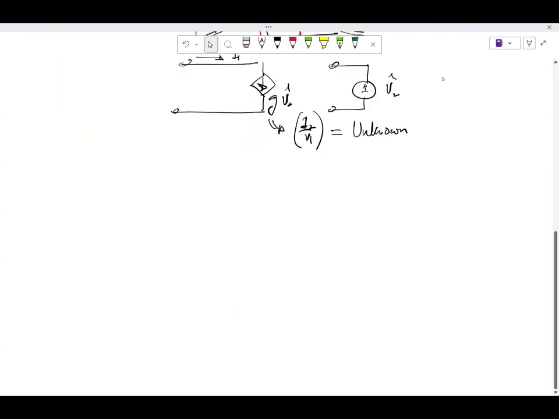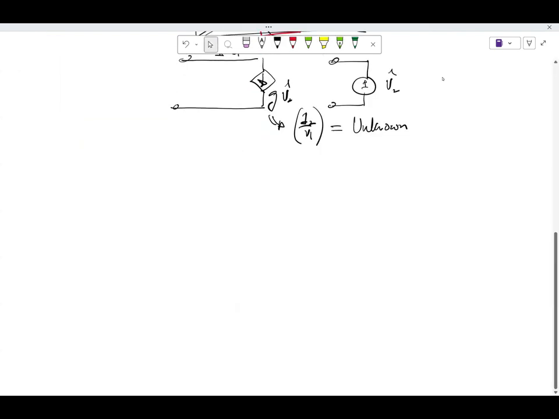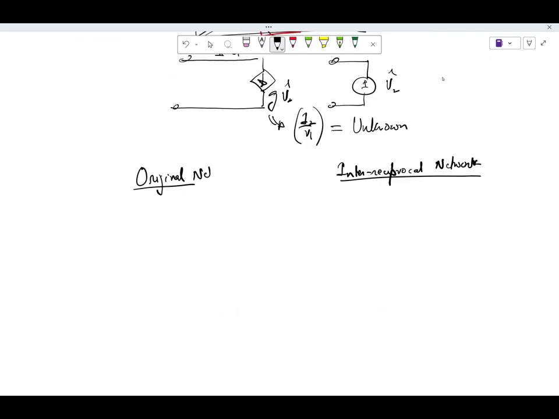So in the inter-reciprocity, till now, what have we done? We have basically said that in the original network and in the inter-reciprocal network, if I have a voltage controlled current source, this is 1 dash, 2 dash.